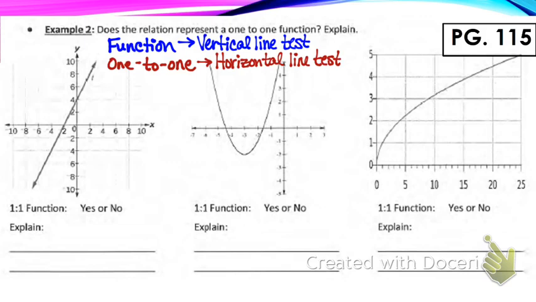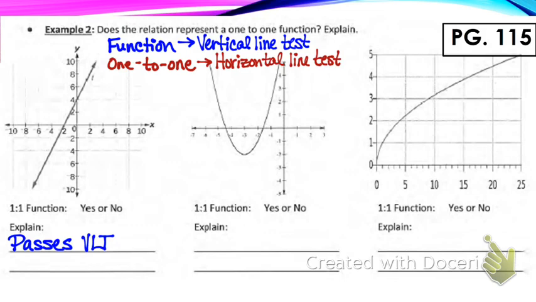So on this first graph, I take my vertical line, so my pencil. Anywhere I move it along this graph, would it ever cross my vertical line in more than one spot? No, not at the same time. So it passes the vertical line test. I get lazy, I write VLT for vertical line test. To see if it's one-to-one, I'm going to turn my pencil the other way.